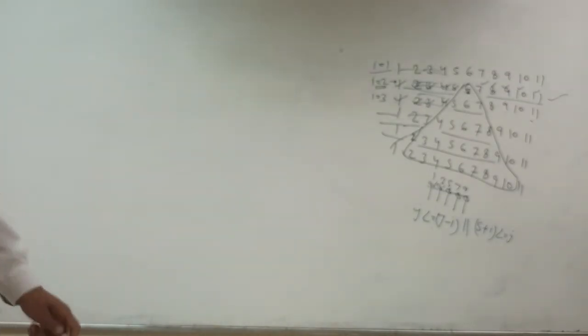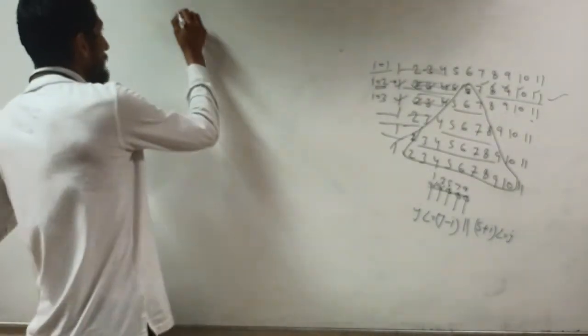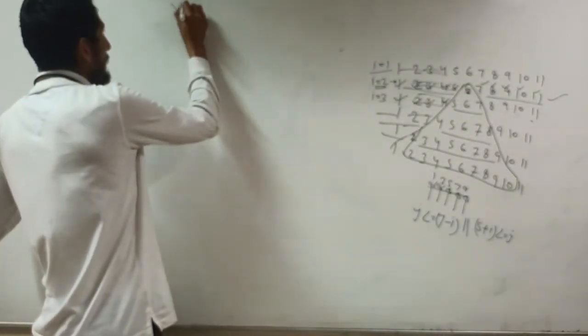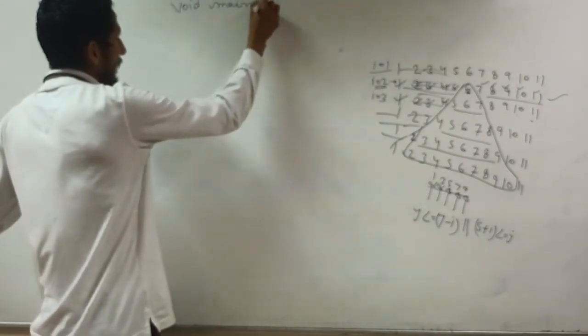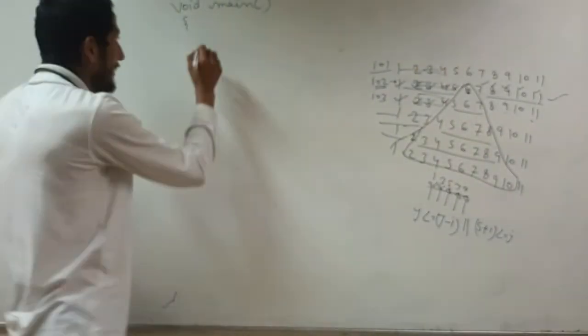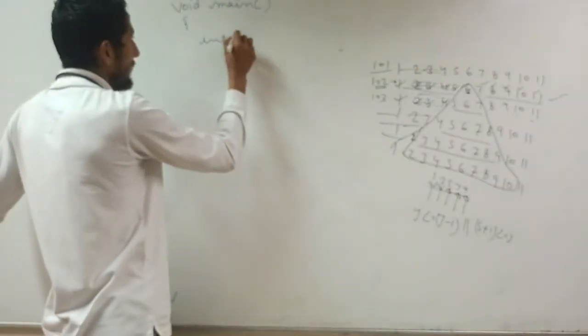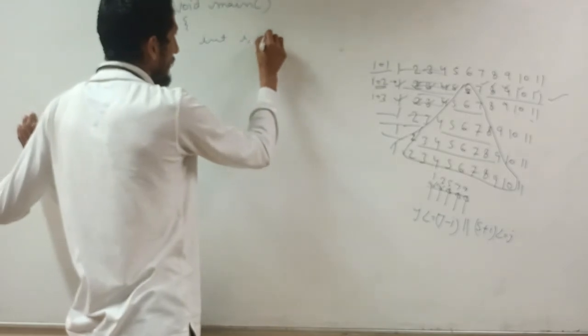So in the last video, what we have seen is that I started with void main like this. Let me start with the variables I and j.